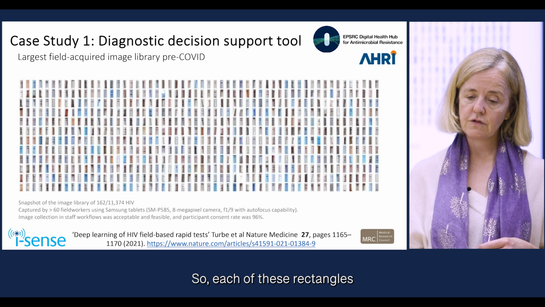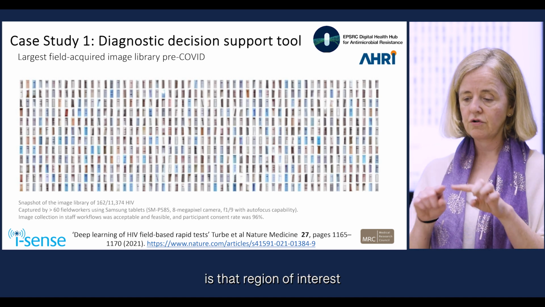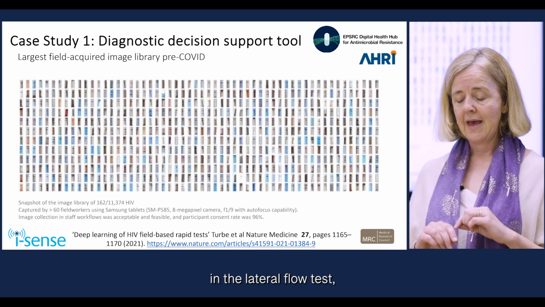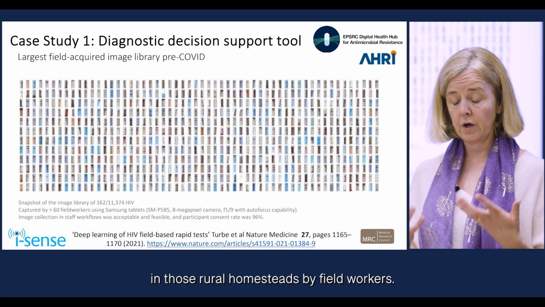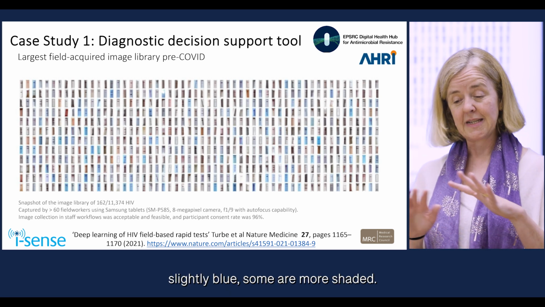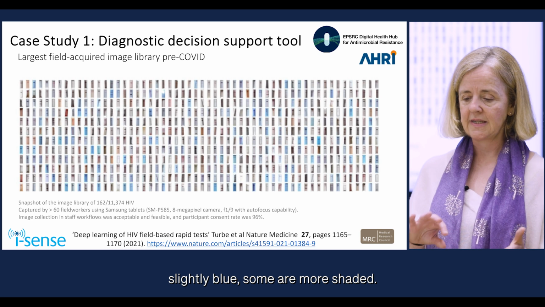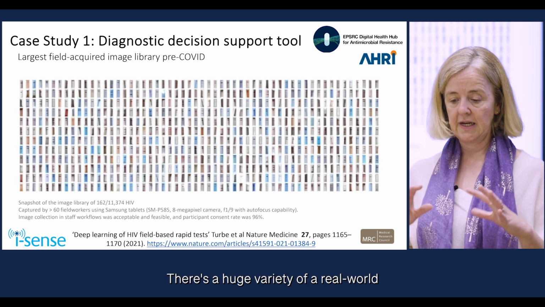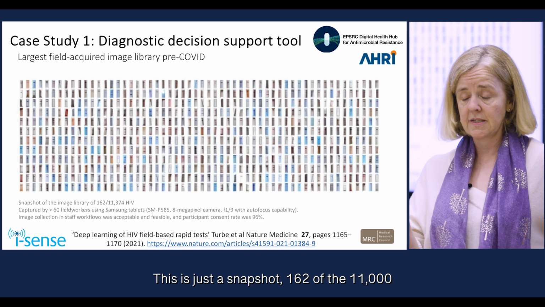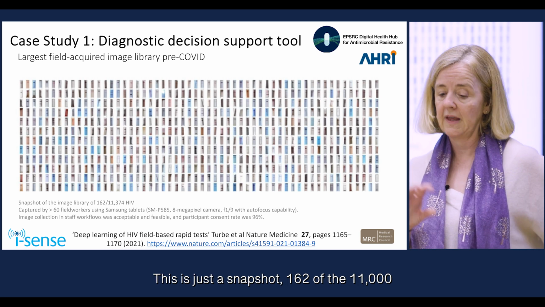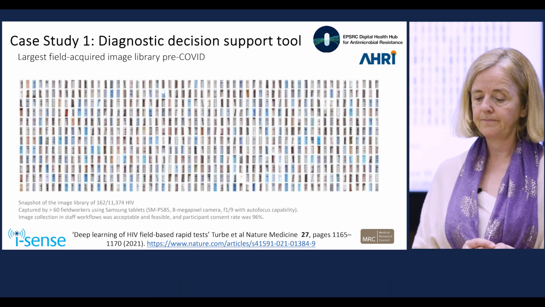So each of these rectangles is that region of interest in the lateral flow test. And these tests were taken in those rural homesteads by field workers. And you can see some appear slightly blue, some are more shaded. There's a huge variety in a real-world image library. And we set about using that. This is just a snapshot, 162 of the 11,000 images.